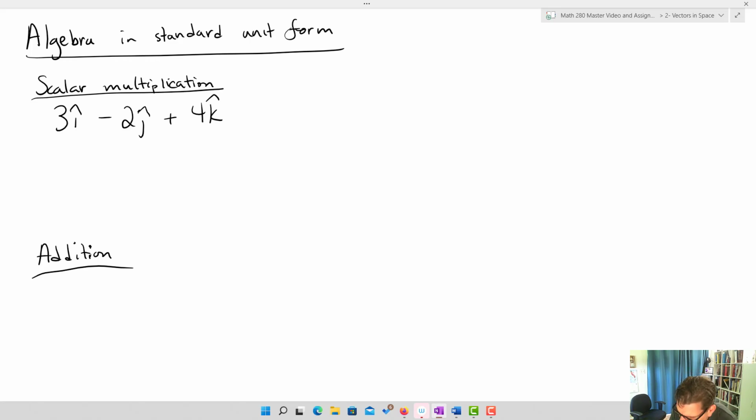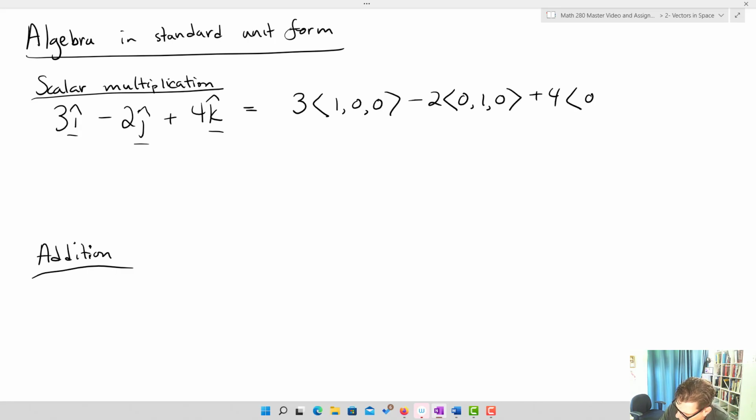What we forget is that i, j, and k are all actually vectors in component form. So really this thing here is 3 times (1, 0, 0) minus 2 times (0, 1, 0) plus 4 times (0, 0, 1). So that actually is a linear combination.